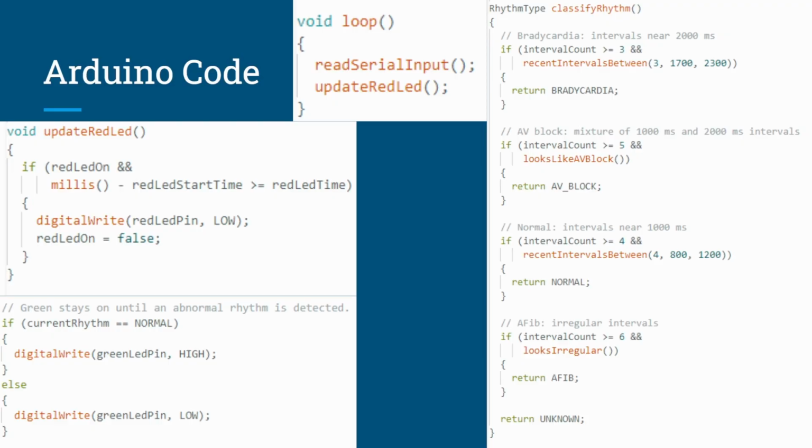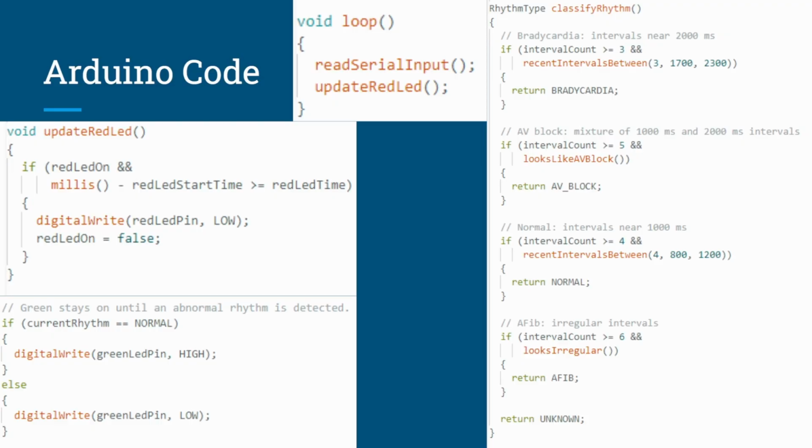For AV block, I check if the interval count is greater than or equal to 5 and looks like AV block, which is another evaluation I have running in the background as a boolean. That boolean reads whether the speed of the heart rate is acting strange or there are missing beats. I have those two evaluated with each other, and that will return AV block if true. Then I have another one for normal, which just reads for the interval count between pulses being greater than or equal to 4.